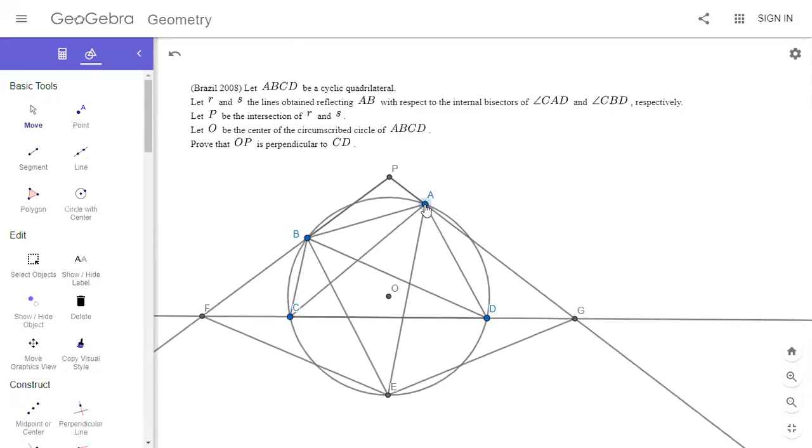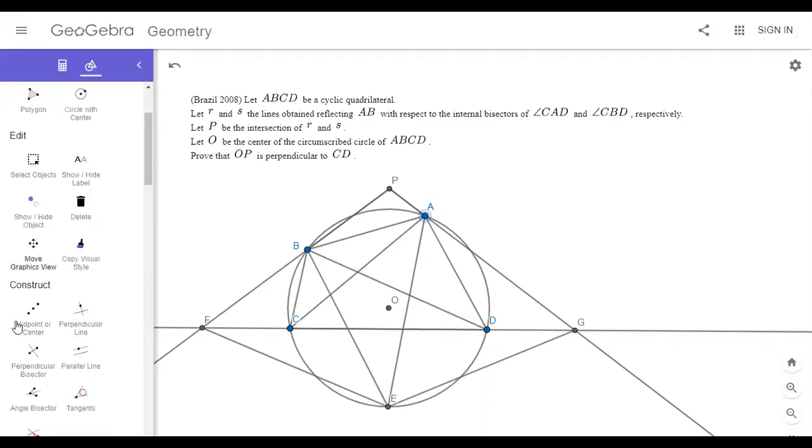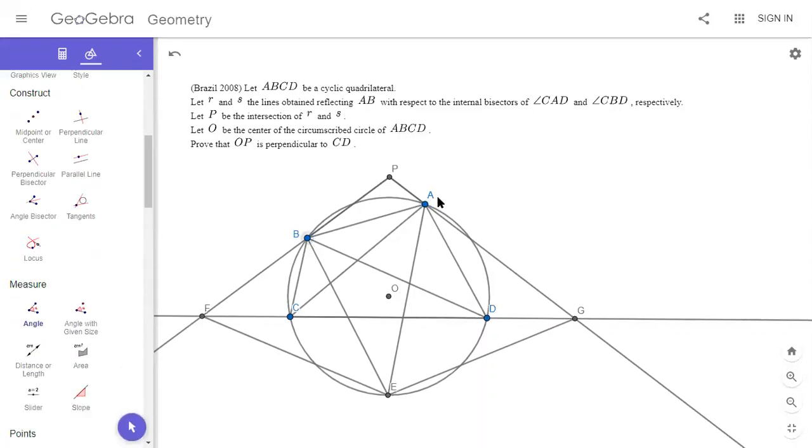So AB and AF are reflections, and AB and AG are reflections. So those are both 62.9. We also have angle BAC is equal to angle BAG, right?